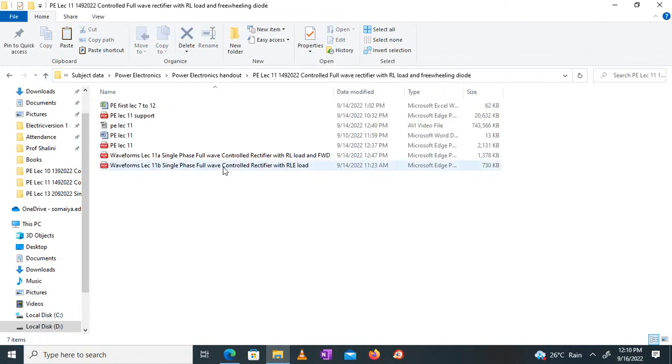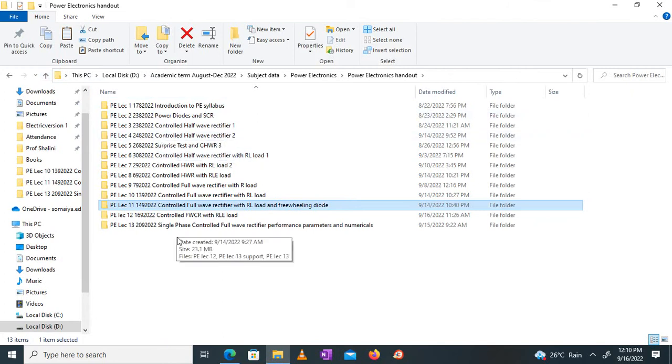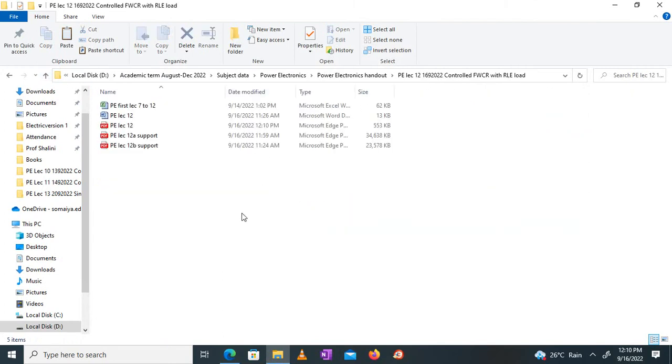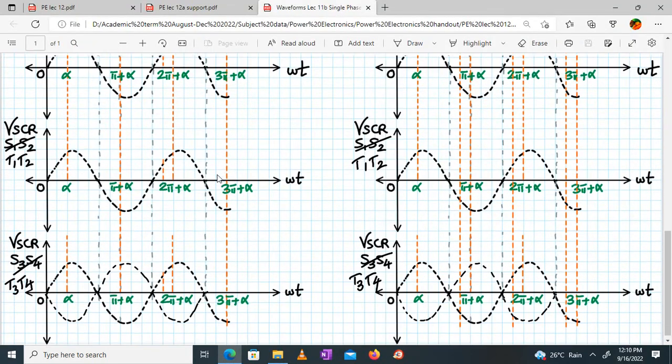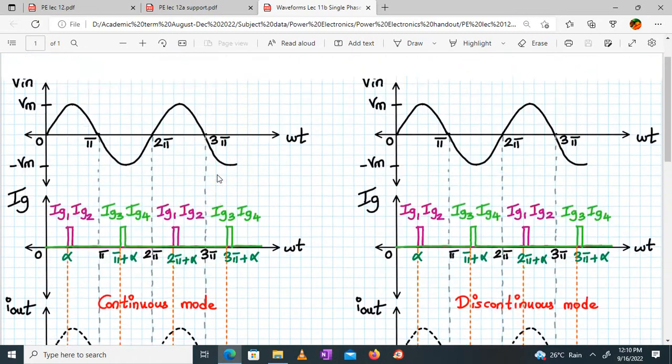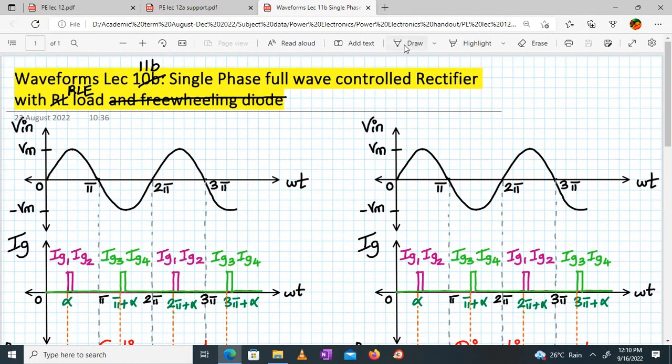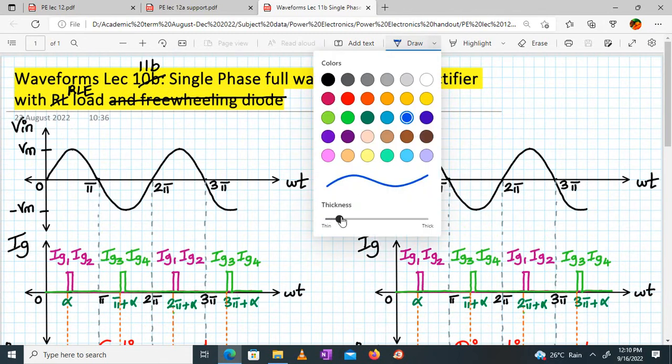Let me just check if I have a spare one. Okay, this was for 11B. We were supposed to cover in lecture number 11, but it's fine.